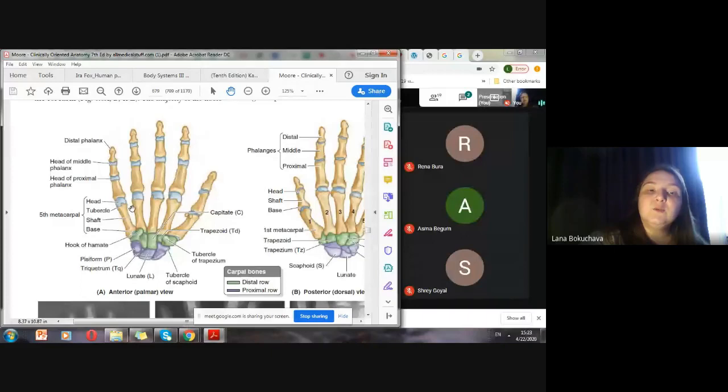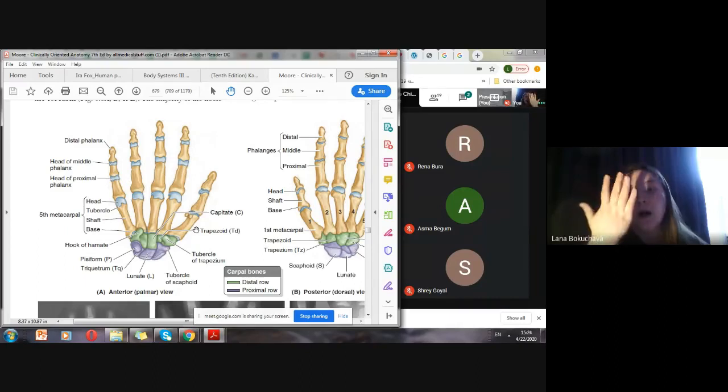So we have the base, the shaft, and the head of the metacarpals. How many metacarpals do we have? Sure, 5 metacarpals, which are mainly producing the whole palmar or dorsal region of the hand.